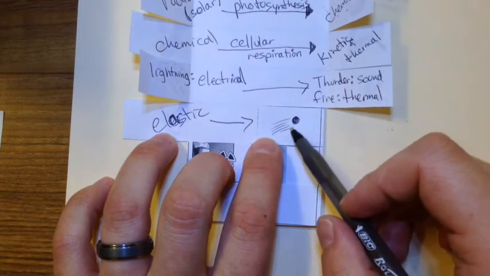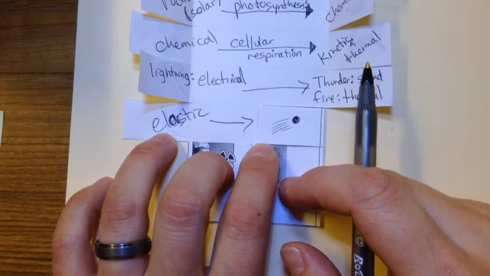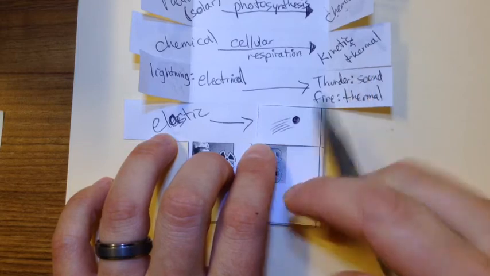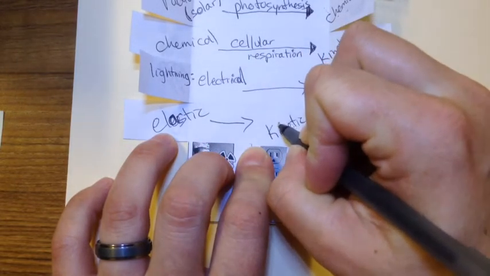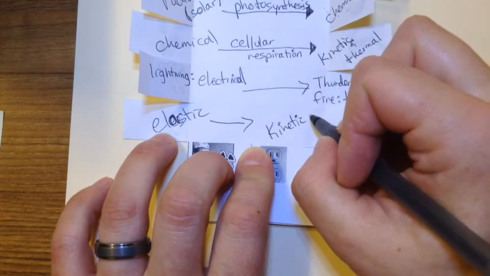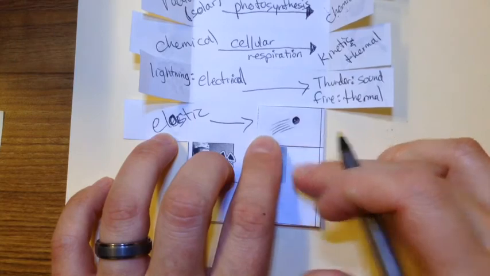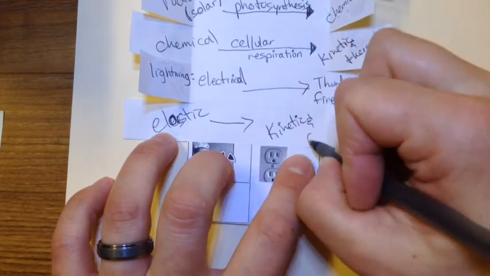What kind of energy does it have when it's flying through the air? All right, we got kinetic for sure. And if you shoot it up into the air, what other kind of energy do we get out of it? Yes, gravitational potential.